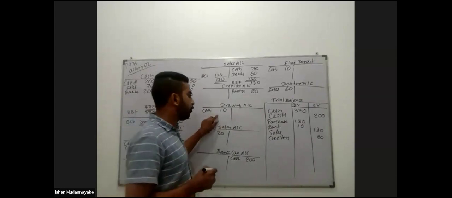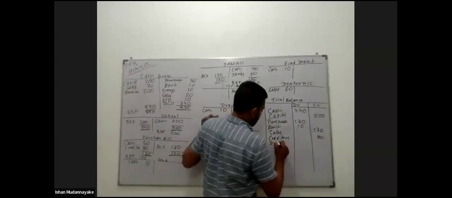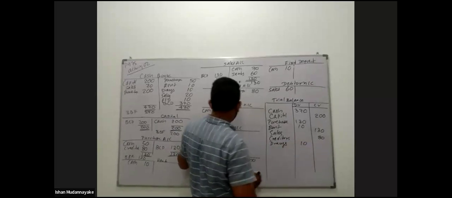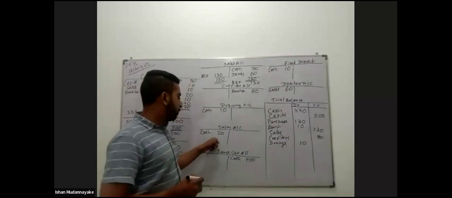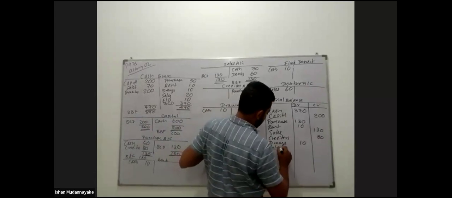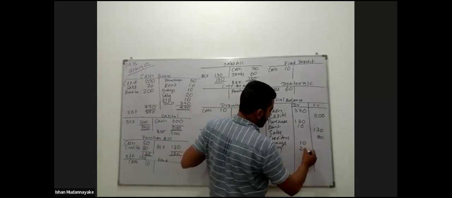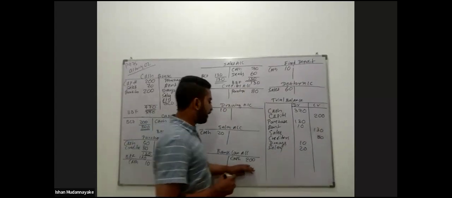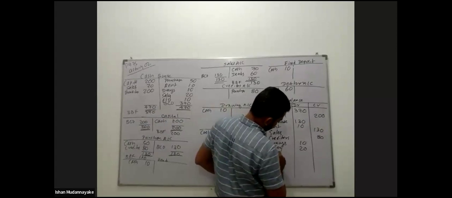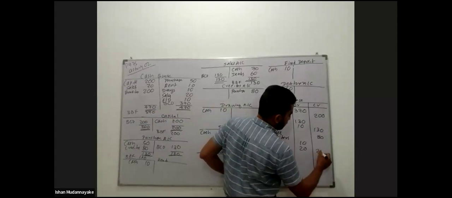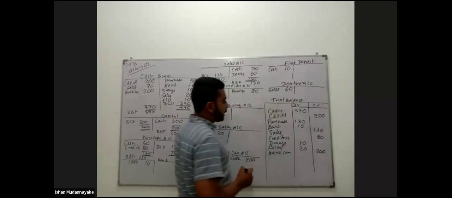Drawings debit 10,000. Salary balance brought forward debit side. Salary debit side 20,000. Bank loan credit side 200,000.